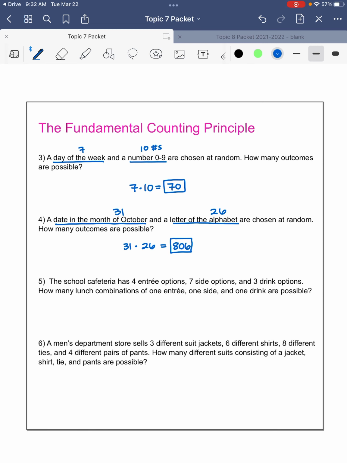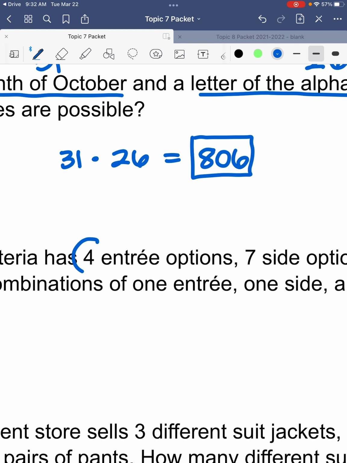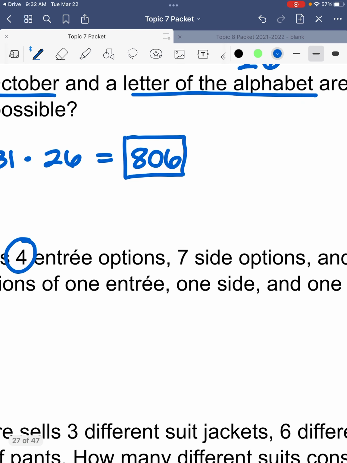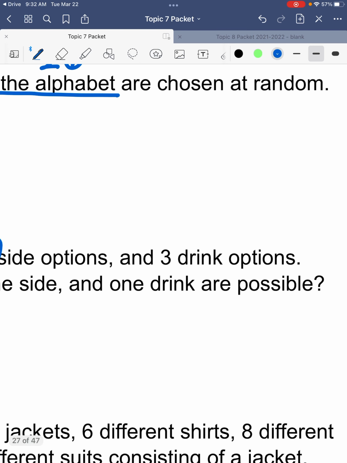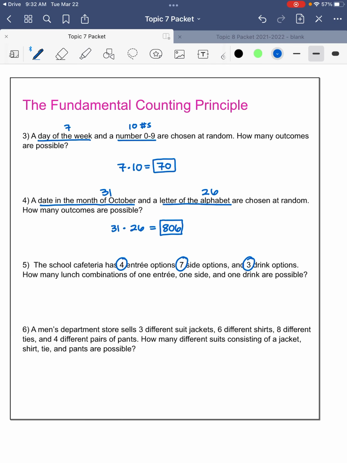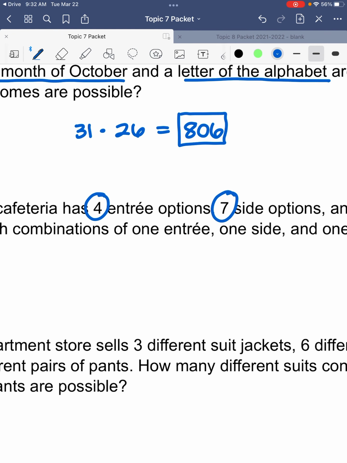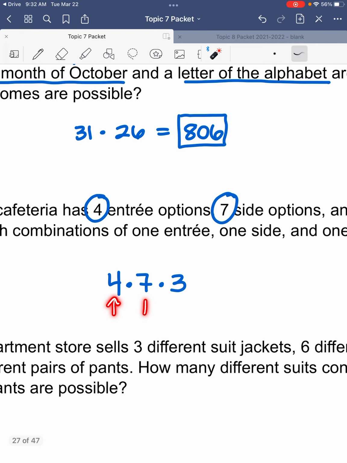Well, we're just going to take what's given to us. There are 4 entree options, 7 side options, and 3 drink options. So this thing has 3 events happening. You're choosing an entree, you're choosing a side, and you're choosing a drink. So I'm just going to multiply all 3 things together. So 4 times 7 times 3. Remember, for 4 entrees, 7 sides, and 3 drinks.